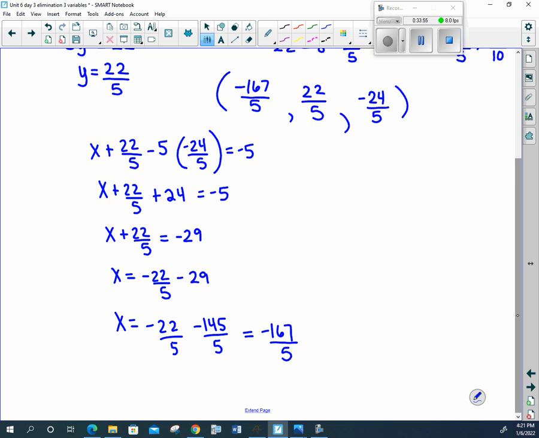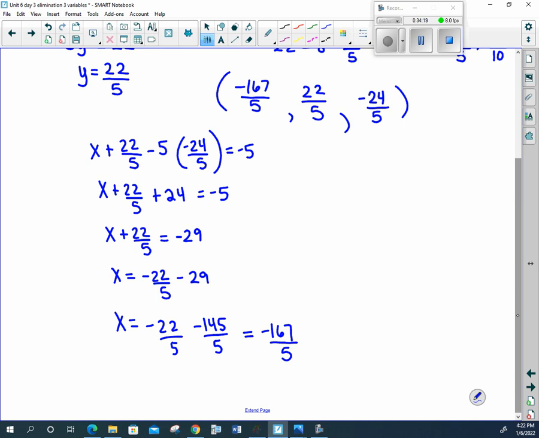So the key to this, guys, the algebra is not hard because basically you're just multiplying equations by a number, but it's really easy to lose a negative sign or multiply wrong if you're not careful. Just try to keep yourself organized and go slow enough that you're being careful, fast enough that it doesn't take you forever to do the problems.